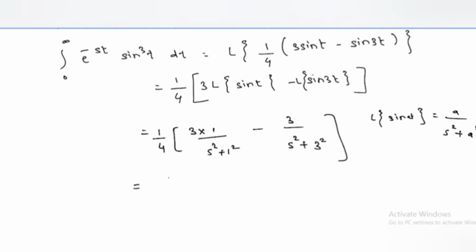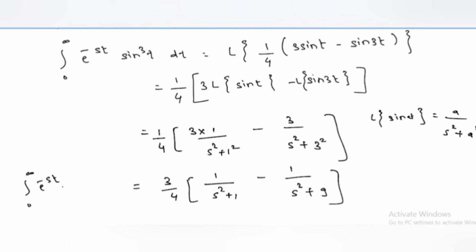3 is in both terms, so we take 3 common: 3 by 4 in bracket 1 upon s square plus 1 minus 1 upon s square plus 9. This is the value of integration from 0 to infinity e raised to minus st sin cube t dt.